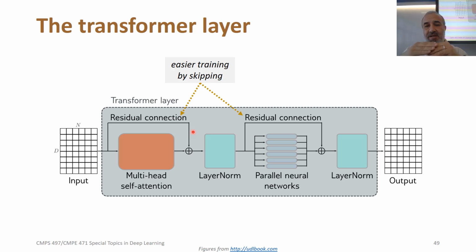Remember that this is just one layer in a stack of layers. You will see that the transformer actually has a stack of layers. When we have a deep network like that, remember backpropagation, the gradients go backward, right? If we have a very deep network, as we move from one layer to the other, probably the gradients will get smaller and smaller. So it will not reach much of the parameters that are early in the network.